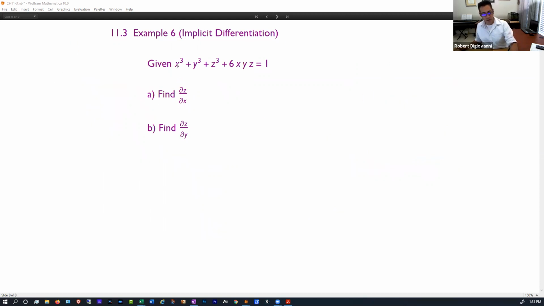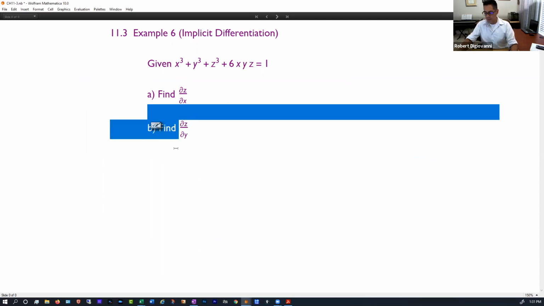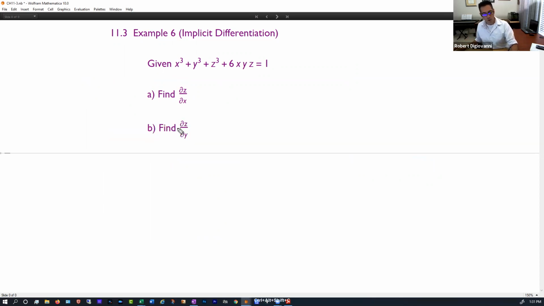All right, so the next one, how would we do this next one? Partial of z with respect to y this time, we do the same thing, both sides. This time, because we're doing it with respect to y, we're holding x constant, right?